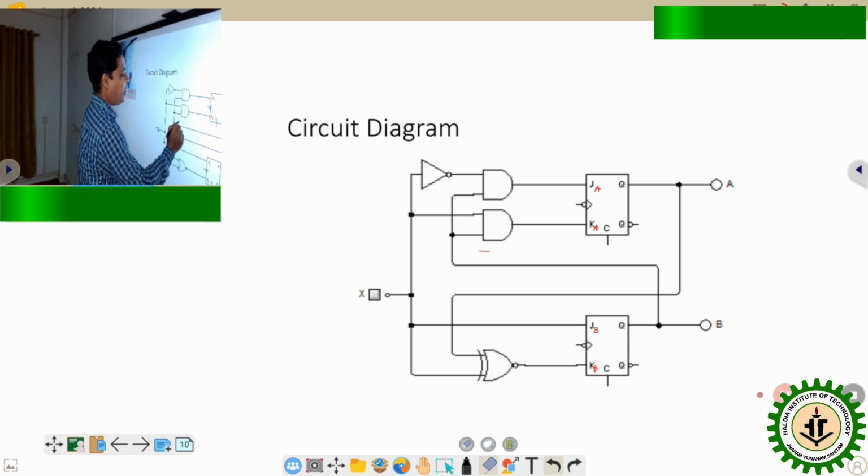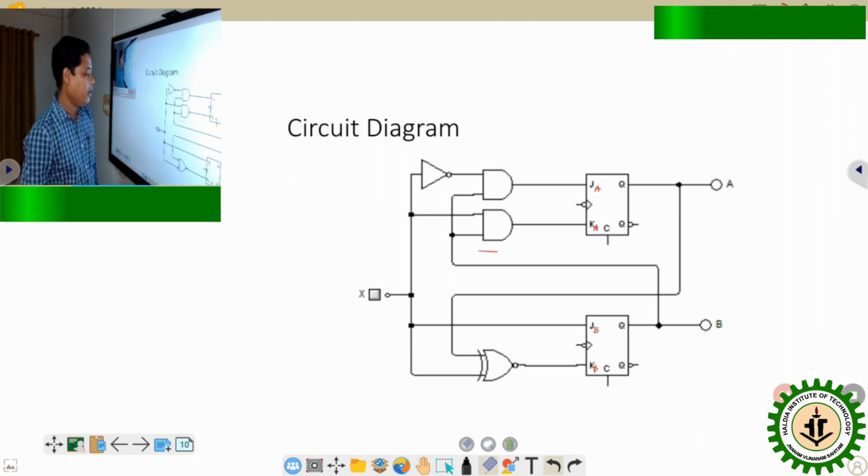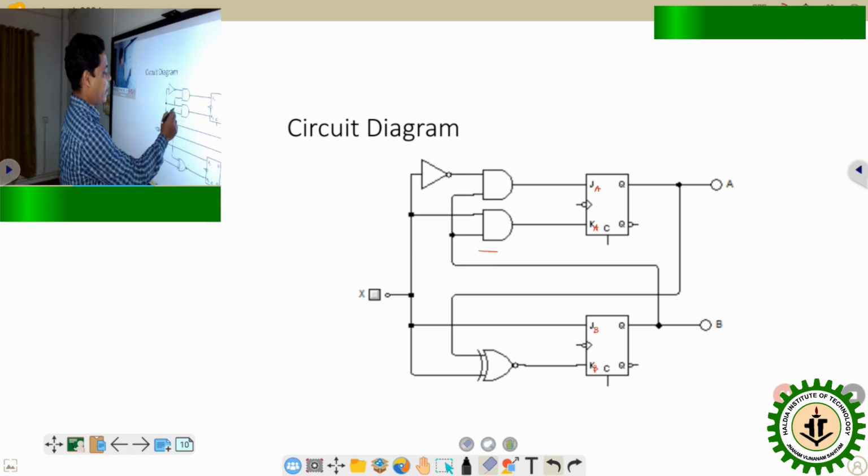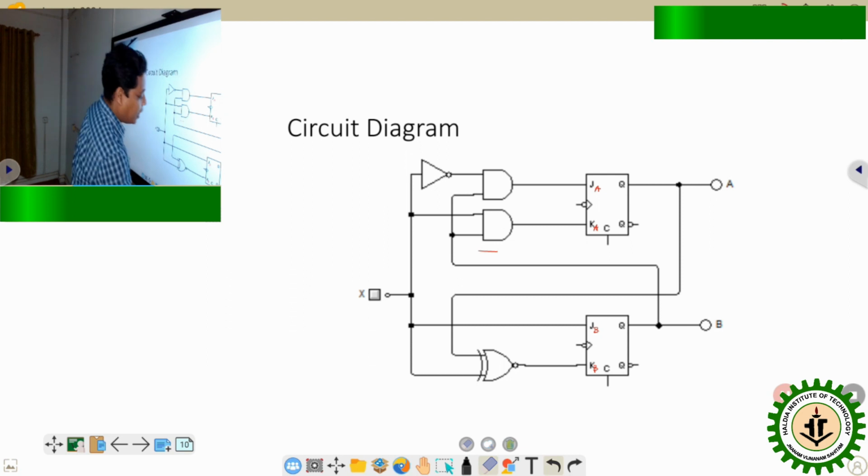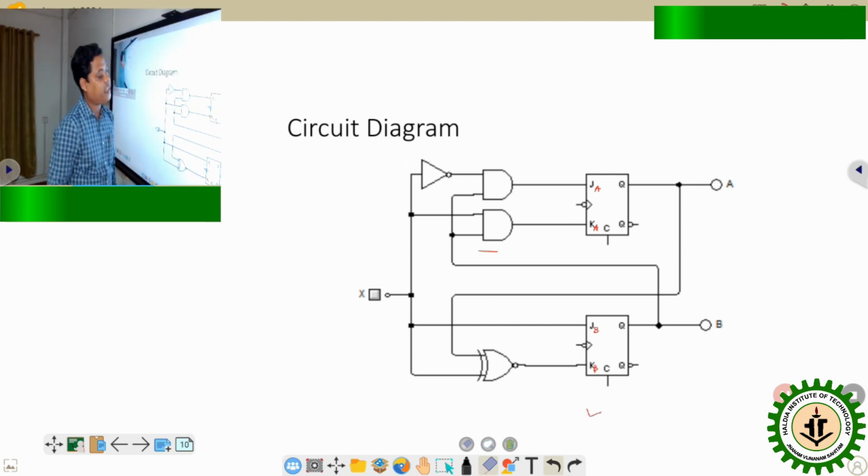This circuit is completely formed based on the equations from the previous step. So once we get the equations, then easily this circuit can be drawn, and this is the ultimate circuit for the given sequential problem.